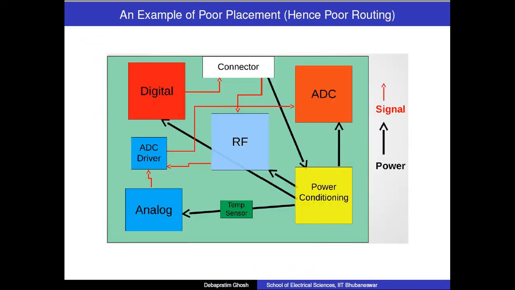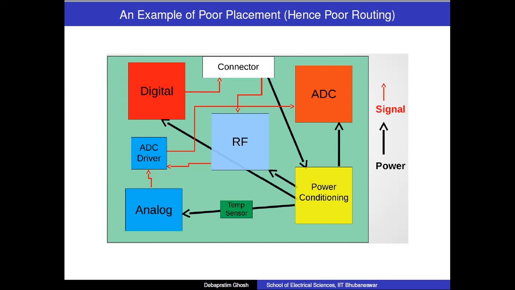Now this is an example of very poor placement and poor routing. Immediately what you can see is that the power block, which is driving almost every block on this PCB, is kept in the corner. As a result, the connector and the digital blocks are very far away from the power input, and they have to travel a lot of distance, and you can see that they are going through a number of common paths.